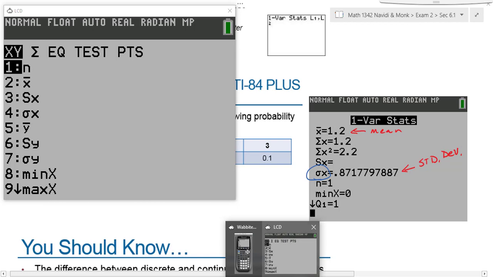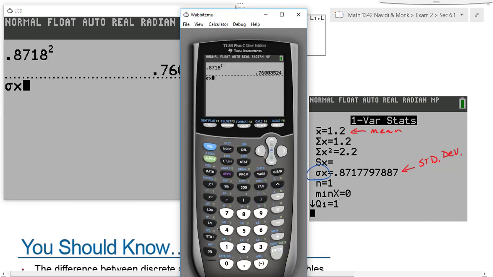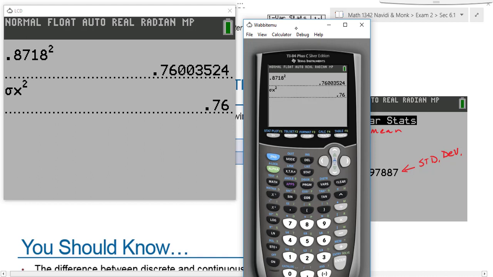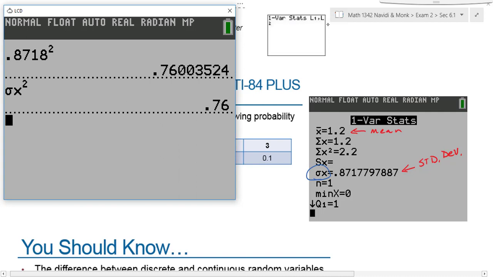So I want to select that so that it pops it up on my home screen. That's what I square by hitting the X square button, and if I hit enter, I get the exact value, not a rounded value. Do you see the difference between the two numbers? It's close, but not exactly the same.